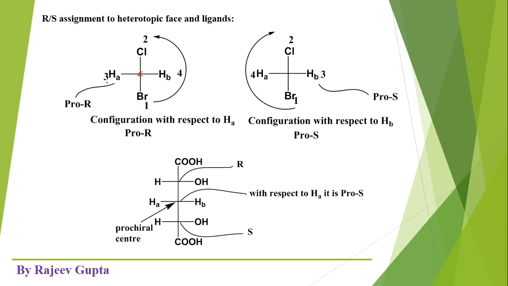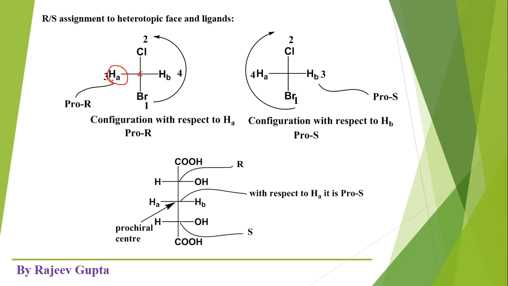The third priority is given to the homomorphic ligand with respect to which we have to assign the pro-chirality of this pro-chiral carbon. With respect to Ha, we define the pro-chirality, so we give number 3 to Ha and number 4 to Hb.